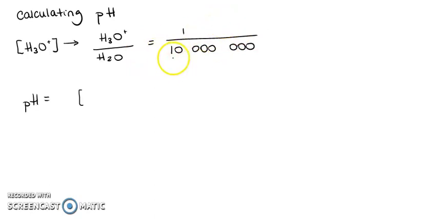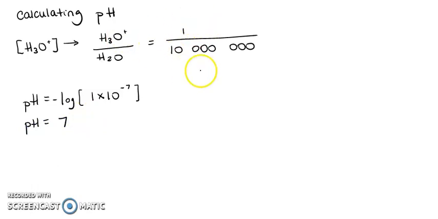We take this number and we put it into scientific notation, or we plug it into our calculator, and we get 1 times 10 to the -7, since we move our decimal place 7 times to get to 1, and I multiply that by -log, which is a button on our calculator. That gives me a pH of 7.